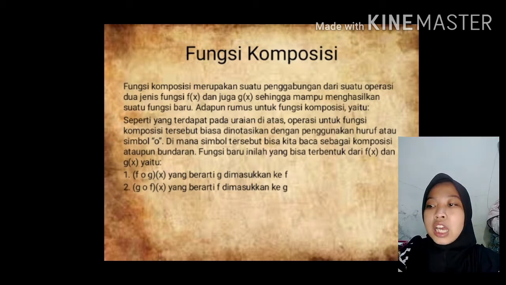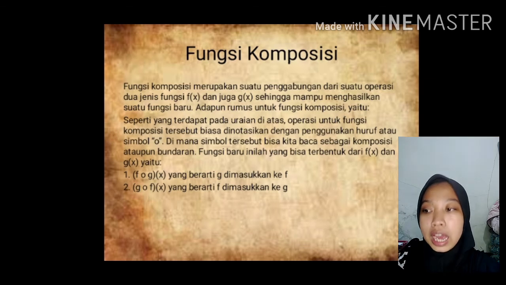Okay, the next is the composition function. A composition function is a combination of an operation of two types of functions, f(x) and also g(x), so that it can produce a new function. The formula for the composition function is as contained in the description above.